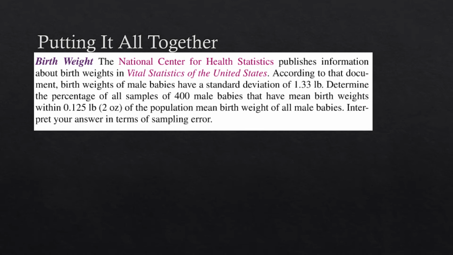First things first. We know that the mean of the sample mean is going to equal the mean of the population. The standard deviation of the sample mean is 1.33 divided by the square root of 400, which is 0.0665.